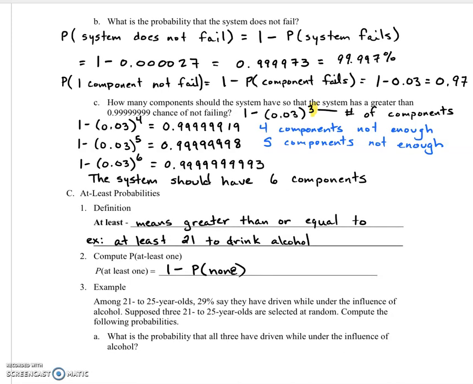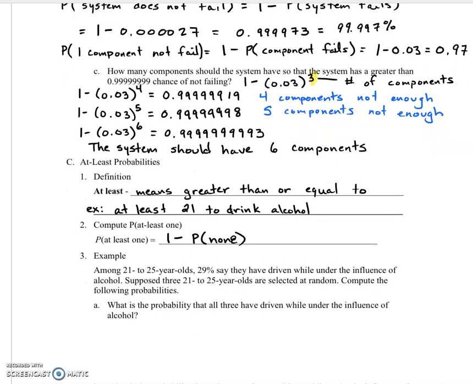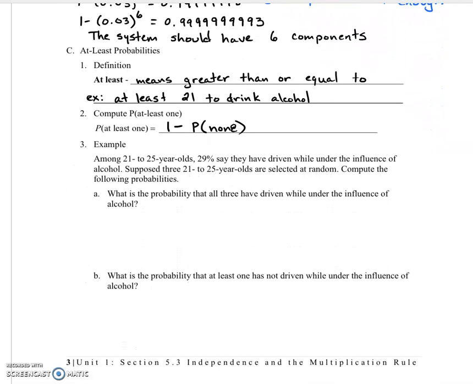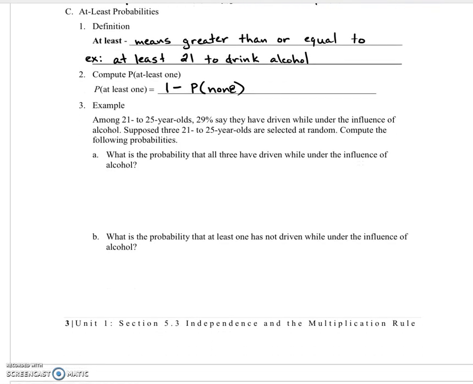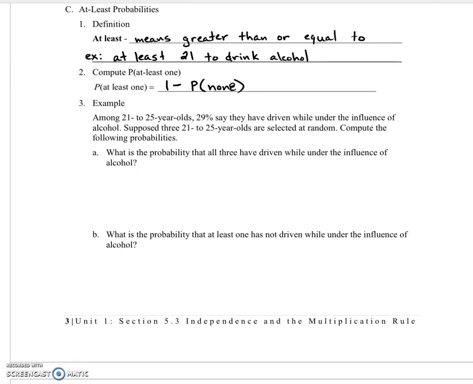So for example, among 21 to 25-year-olds, 29% say they've driven while under the influence of alcohol. Suppose 3 21 to 25-year-olds are selected at random. Compute the following probabilities. What's the probability that all 3 have driven while under the influence of alcohol?